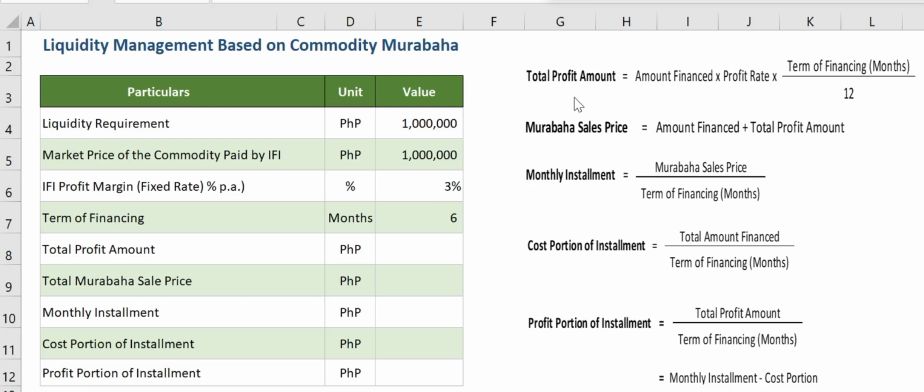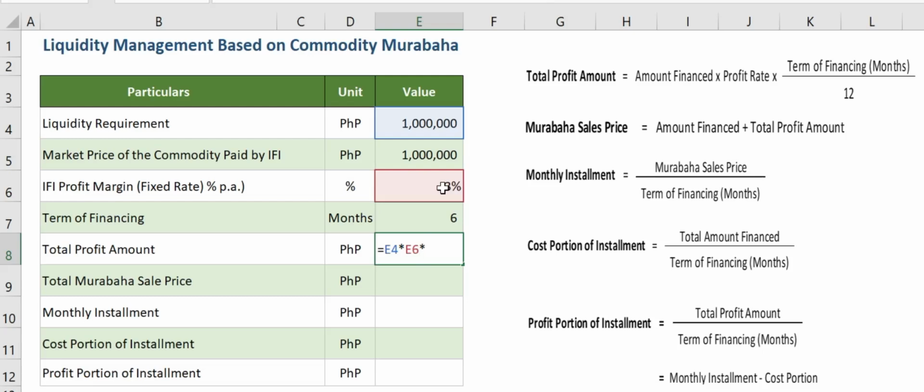As you can see here, the formula in solving the total profit amount is equal to the amount financed, which is the liquidity requirement of 1 million pesos, multiplied by the profit rate per annum of 3%, then again multiplied by the quotient of the term of financing over 12 months.